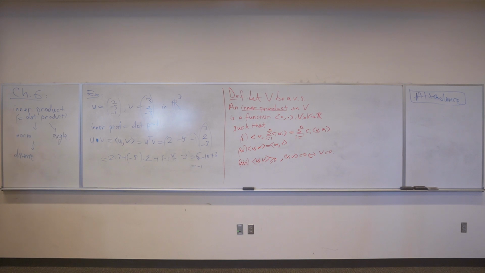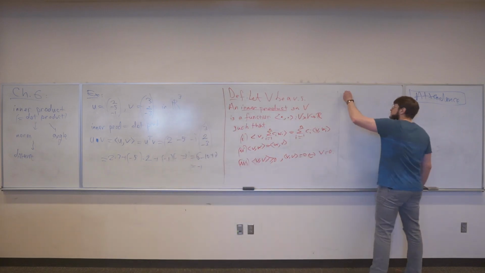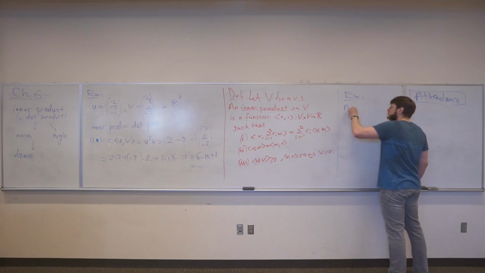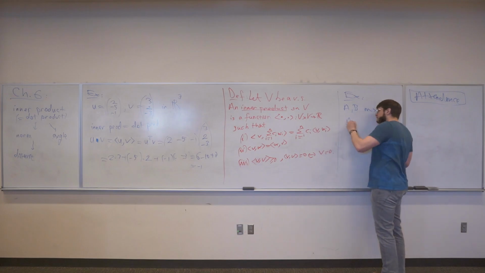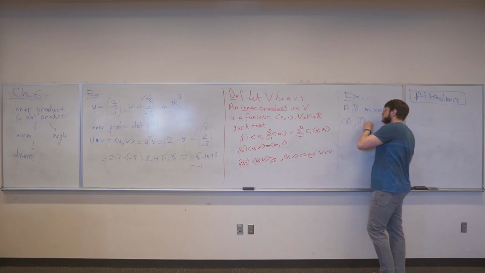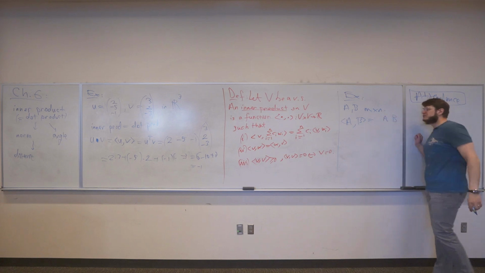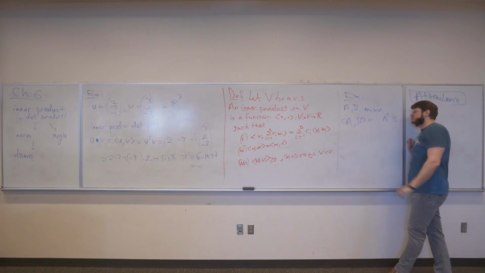One of the important examples of this is in the context of matrix spaces. You would like to be able to take inner products of matrices also. So if I were to look at the space of m by n matrices, then what I can do is I can define their inner product to be this. I can't quite multiply A and B, but I can certainly multiply B against A transpose.